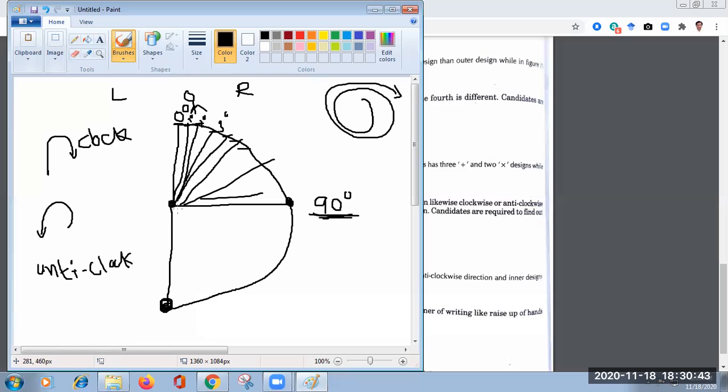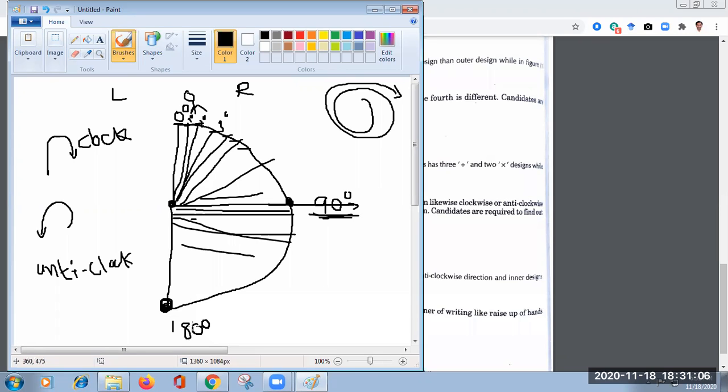So here you can say 91, 92, 93, 94, 95 degrees, up to how many? 90 plus 90. Very good, Vamshi. 90 up to here, again 90 completed. That's why here the degree is 180 degrees.